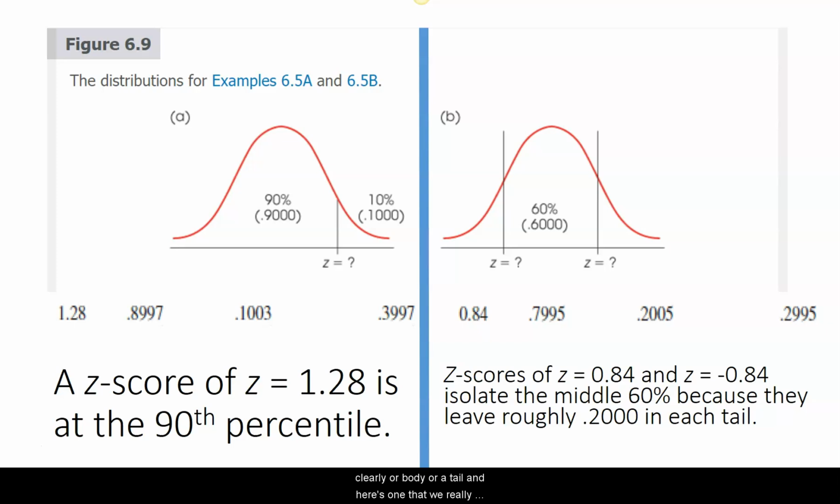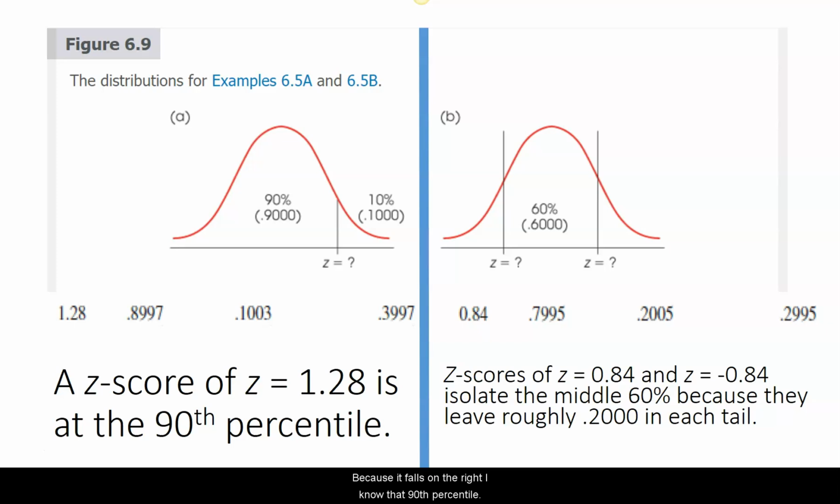Now, here's one that we really didn't get to in class, but it's from your textbook. If I want to know what Z score is at the 90th percentile, I have to look at the tables. Now, what I'm trying to do is get as close as I can to 10% in the tail, and 1.28 will do that. Now, by the way, I know it's a positive value of Z because it falls on the right.